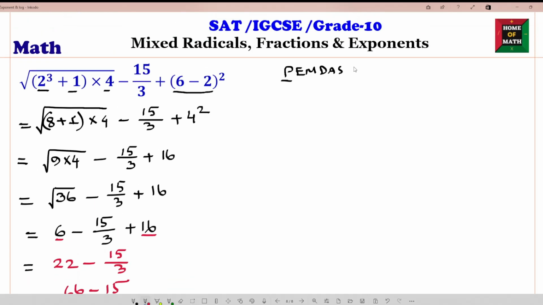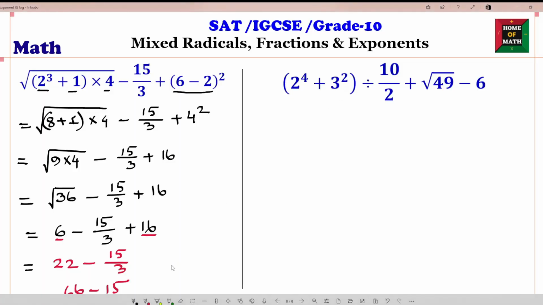Today we will solve another math. Second math. Inside bracket 2 to the power 4 plus 3 square, divide 10 by 2 plus root 49 minus 6. So first we have to work in bracket.